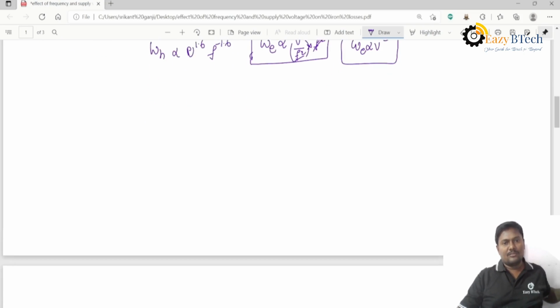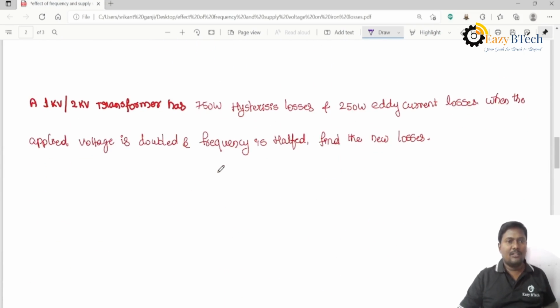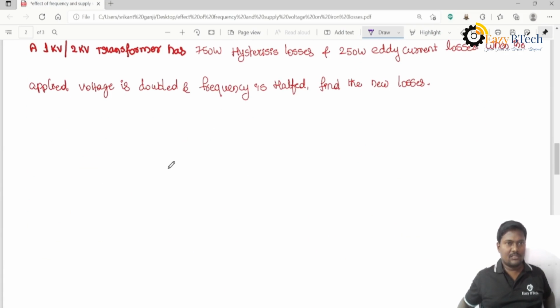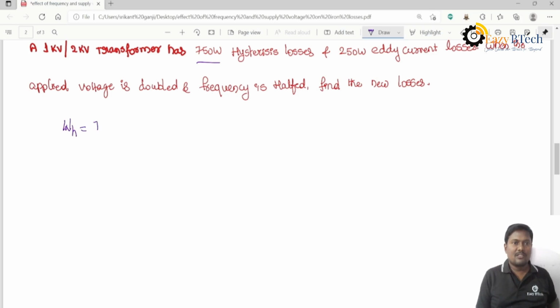Now coming to one problem. A 1 kV by 2 kV transformer has 750 watts hysteresis loss and 250 watts eddy current loss. V1 is 1 kilovolt on the primary side, and this is E1 and E2, and V1 is approximately equal to E1.